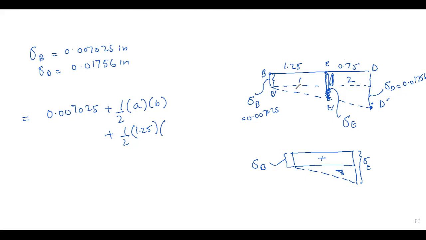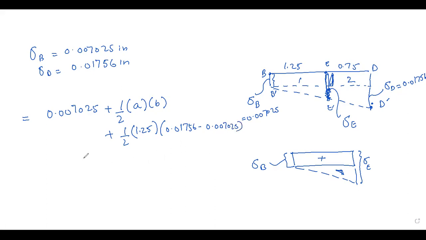0.00725. And what is the total deflection in this point, which is 0.01576? So 0.1756 minus this will give you this, which is 0.007025.